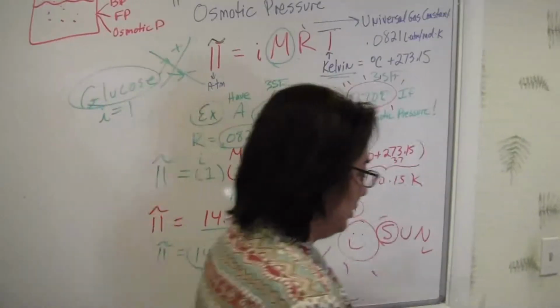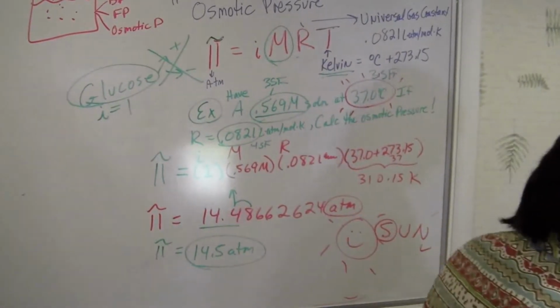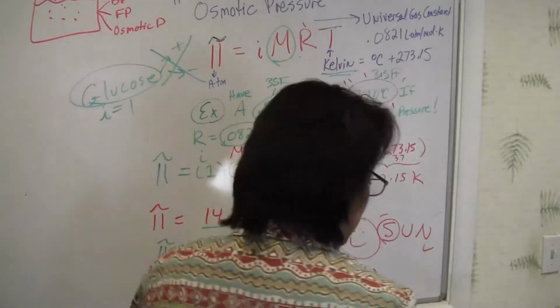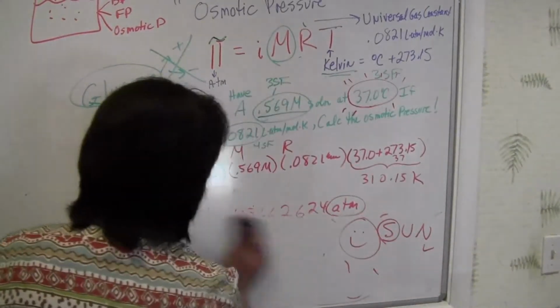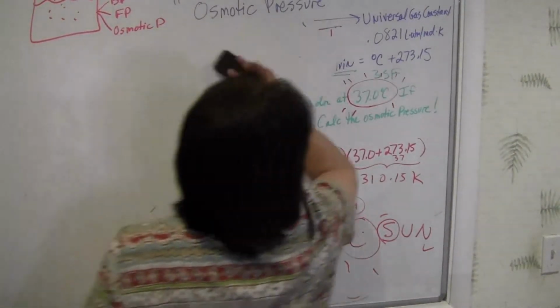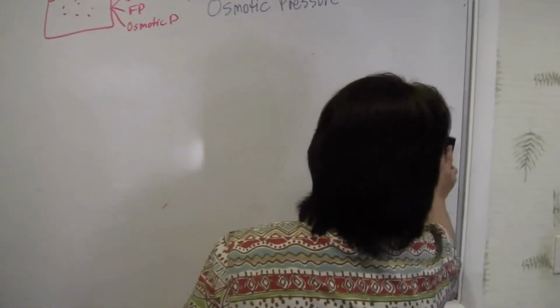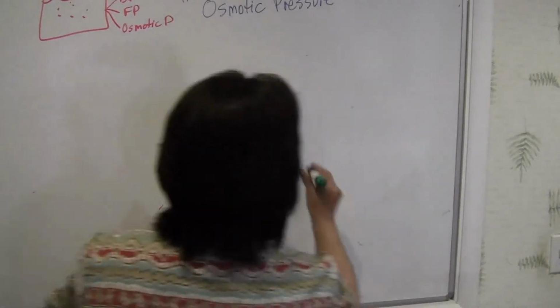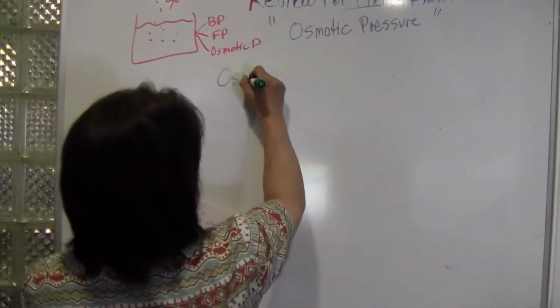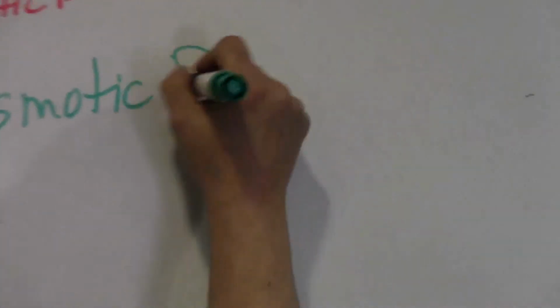Now this was not hard because we already know how to figure out molarity and everything else they gave us. But I want to give you a warning about something. I have seen osmotic pressure problems where, instead of asking you for osmotic pressure, they ask you for molar mass.